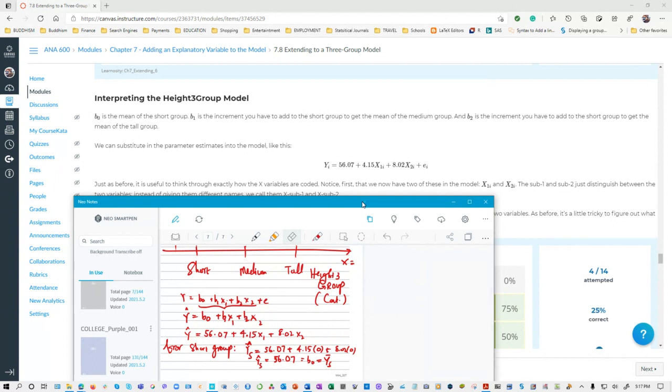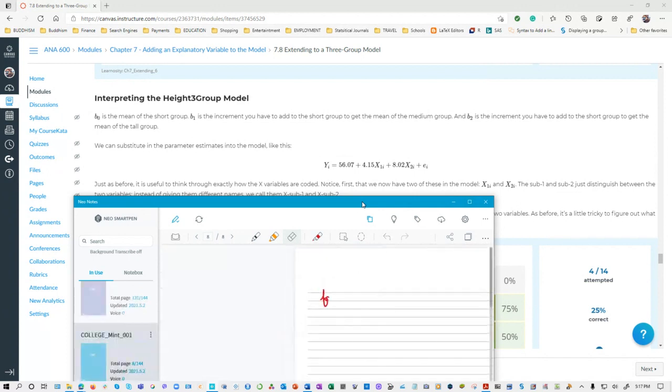Then I need the y hat for the medium group.